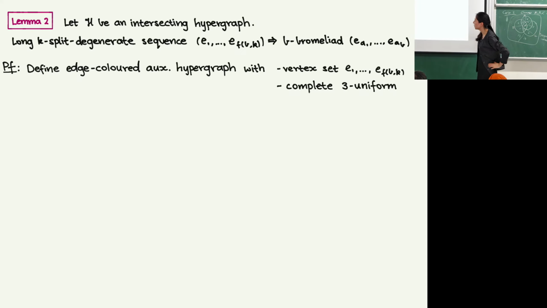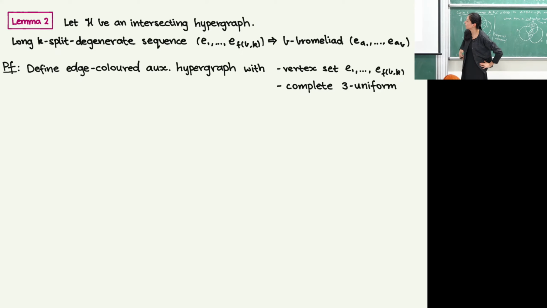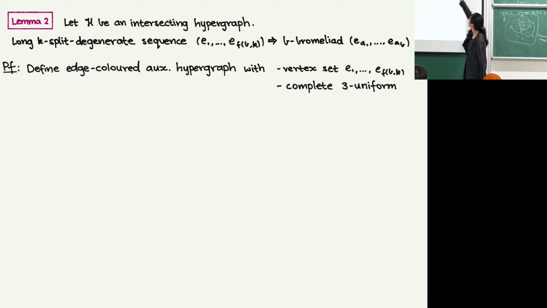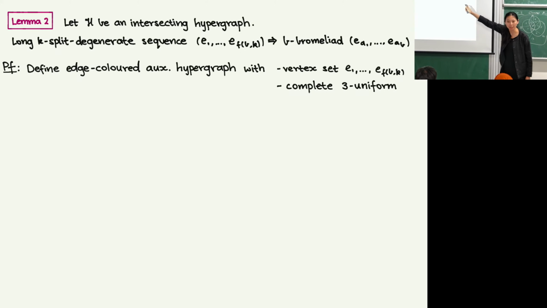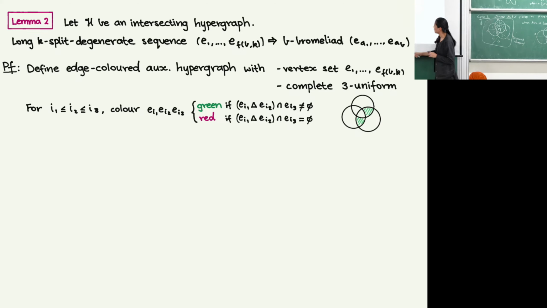To prove this, what I'm going to do is define an edge-colored auxiliary hypergraph. So I take a vertex set on these edges that I have, so E1 up to EFBK, in my k-split degenerate sequence. And I make a complete 3 uniform graph out of that. So every triple is an edge. And I promise some colors. So this is what I'll do.